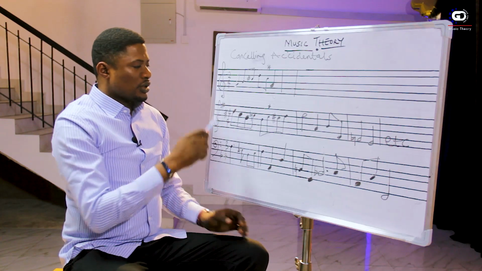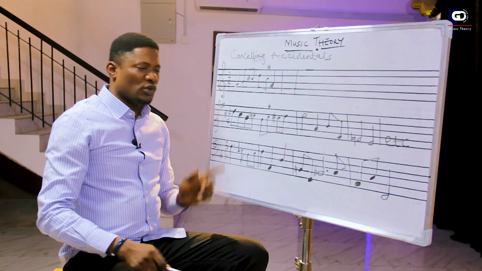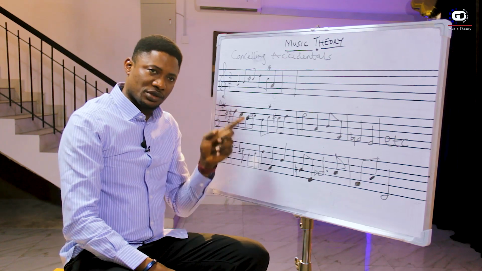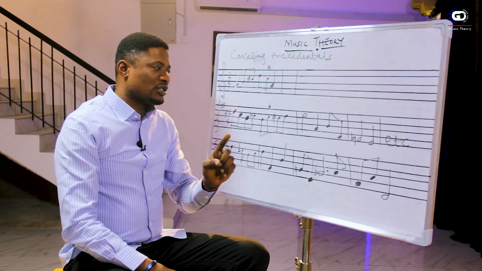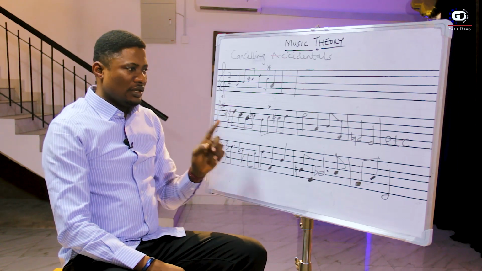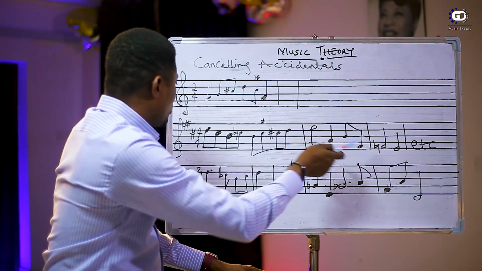So when you want to cancel an accidental, for instance, you have a sharp, you want to cancel that sharp, you will use natural, right? That's very important to note. You will use natural to cancel a sharp, right? So let's look also forward to this. This is F natural.